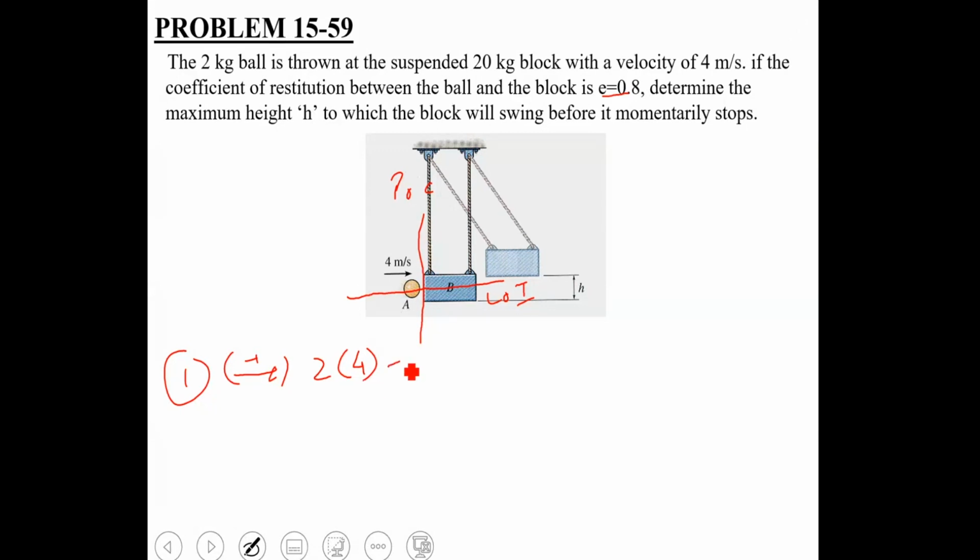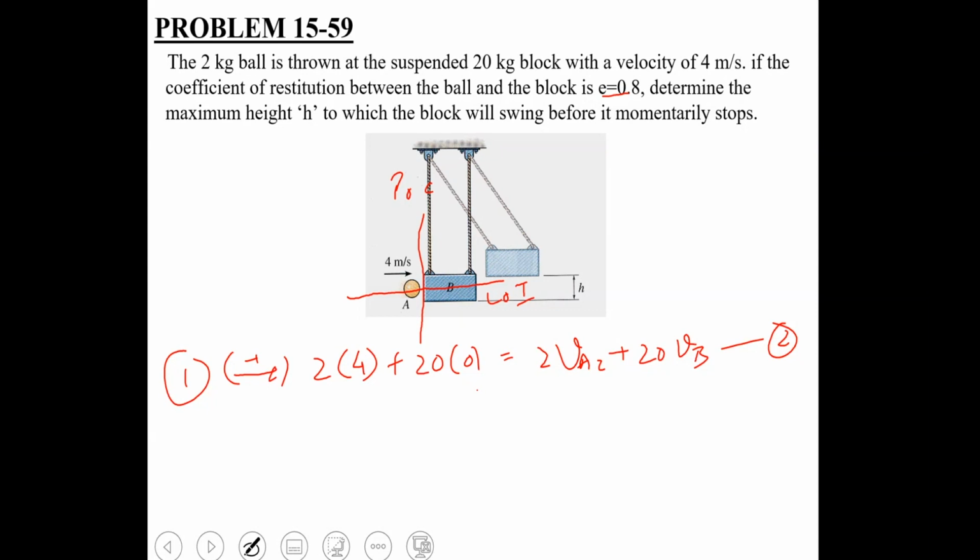The momentum of block B, what is the momentum of block B? Momentum 0. Since block B was at rest before collision, it would have 0 momentum, and that should be equal to the final momentum, which is 2 VA2 plus 20 VB2. So you are going to get one equation in terms of VA2 and VB2 in step number 1.